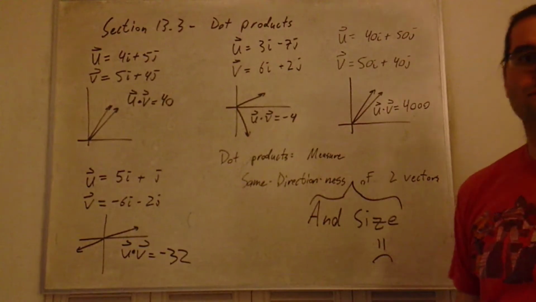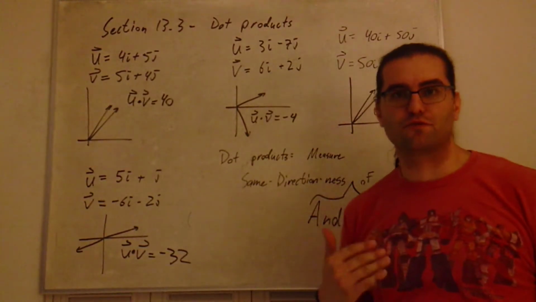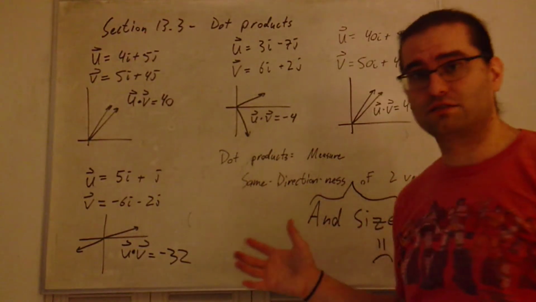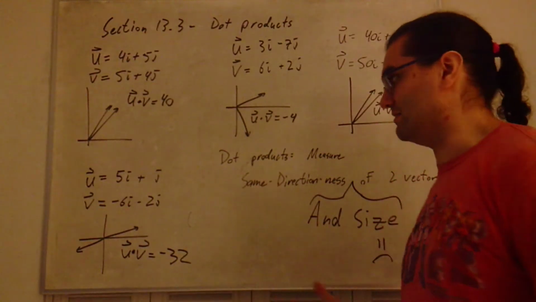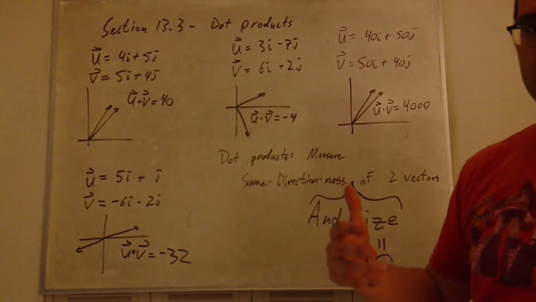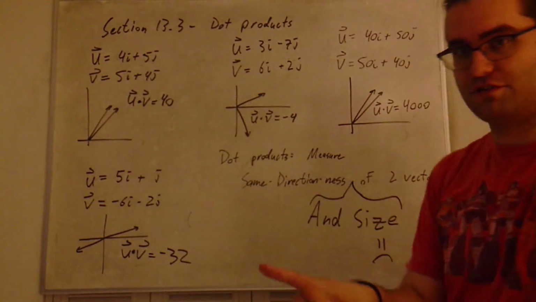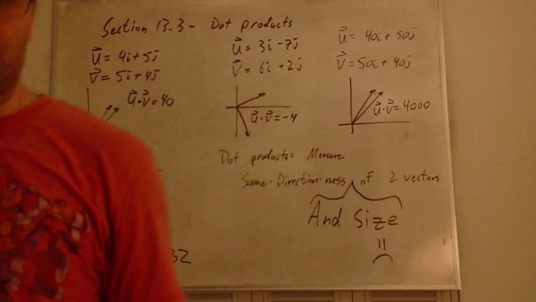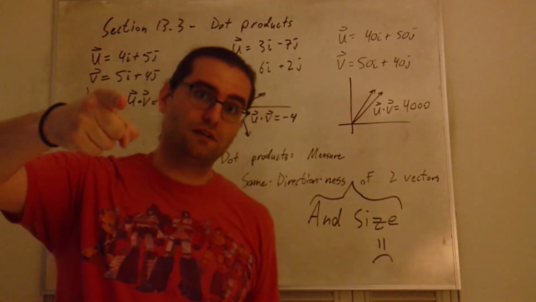It would be nice if we could find a way to just measure same directionness of two things without having to worry about their size. That would be the ideal. We want things to be just a measure of whether or not they're pointing in the same direction. The good news is we can do that.